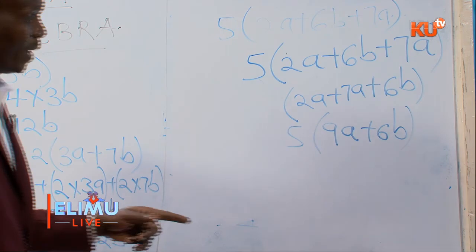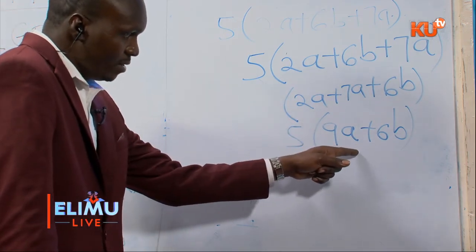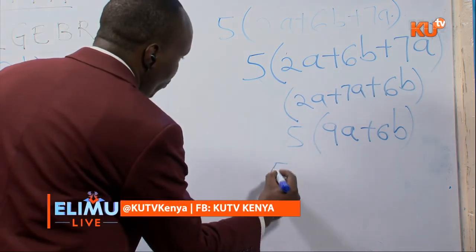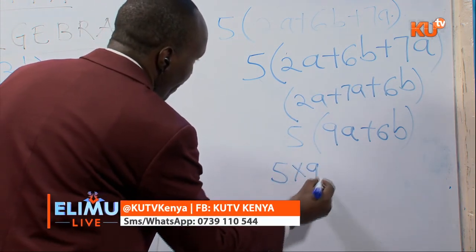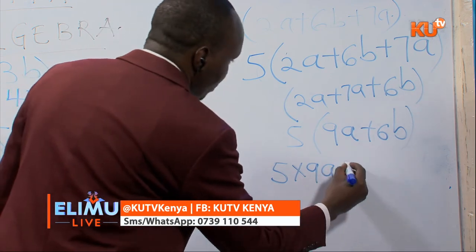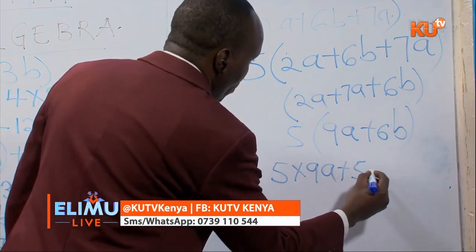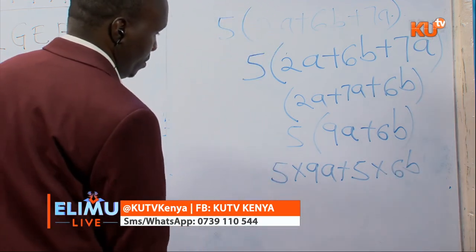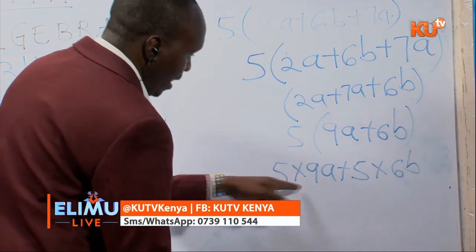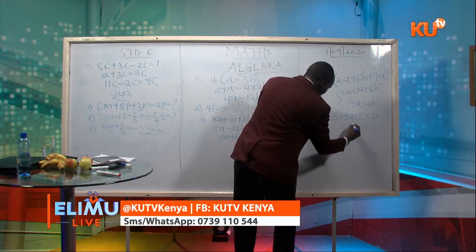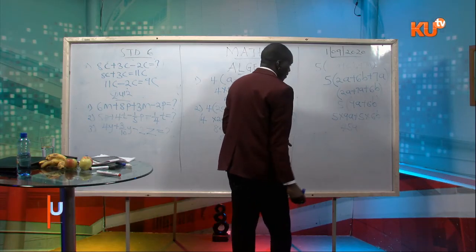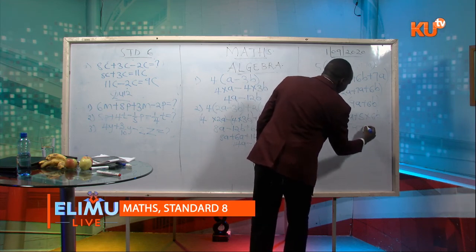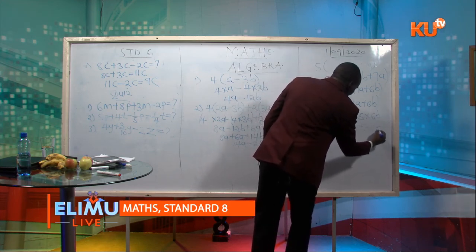The next step, we multiply what is inside the bracket with what is outside our brackets. We have 5 multiplied by 9a plus 5 multiplied by 6b. 5 times 9, we get 45a, plus 5 multiplied by 6, we get 30b.